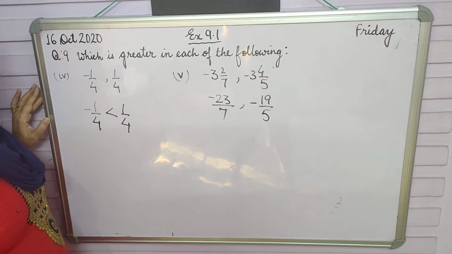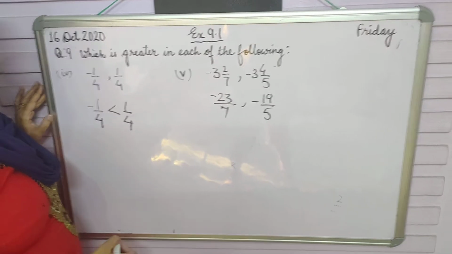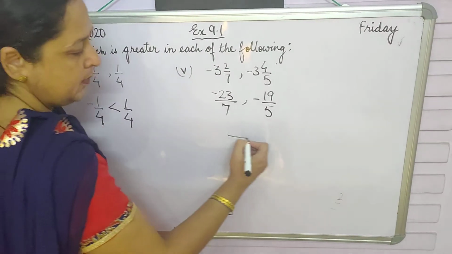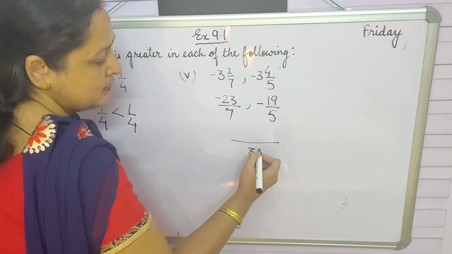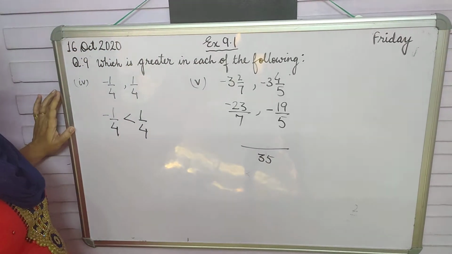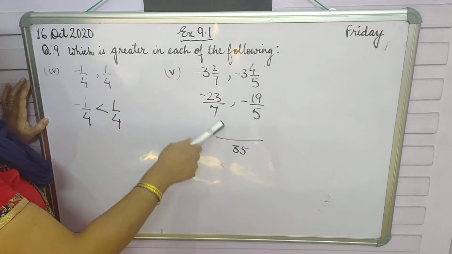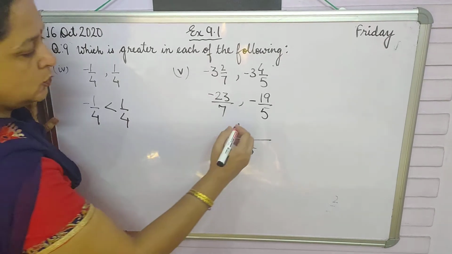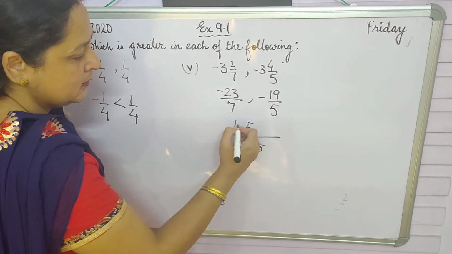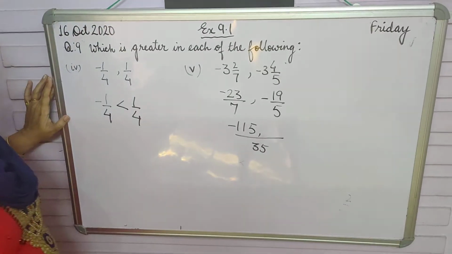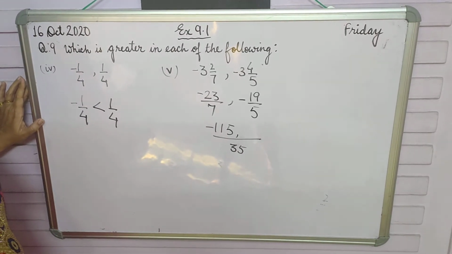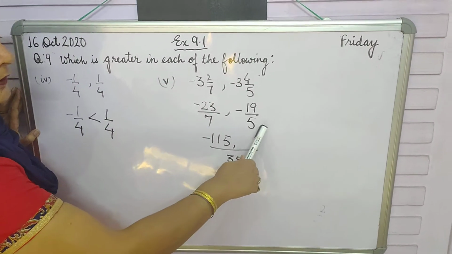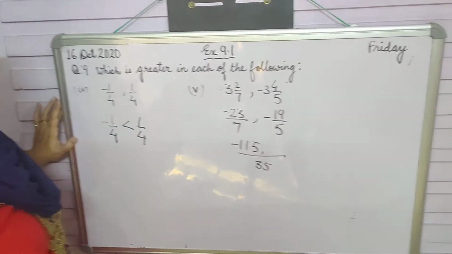Now either you cross multiply it or you can make the denominator same. Now LCM of 7 and 5 is 35. 35 divided by 7 is 5. So 5 into 23 minus 115. 35 divided by 5 is 7 and 7 into 19.